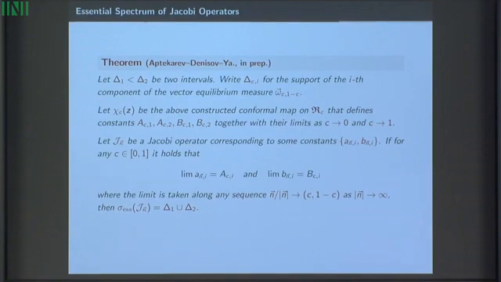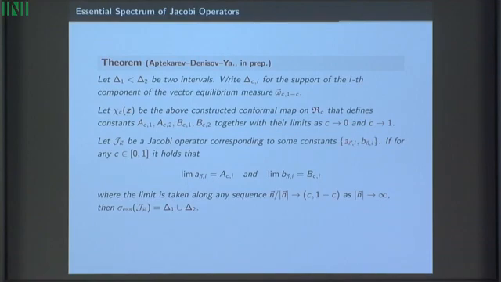You record the supports of the equilibrium measure, you construct the Riemann surface. On the Riemann surface, you construct the function chi, and then you record its expansions at infinities, and you read off the coefficients a and b. Those a and b's need to be there.